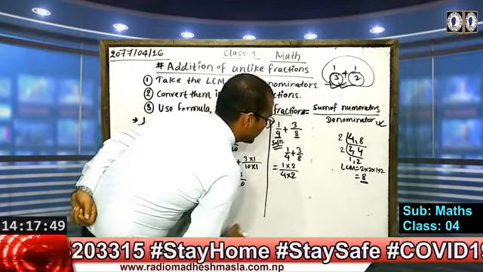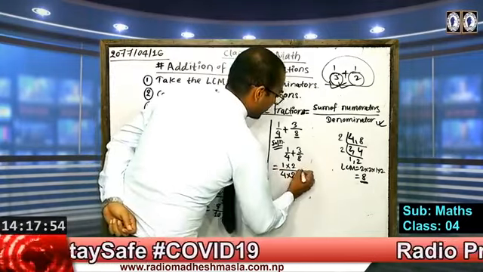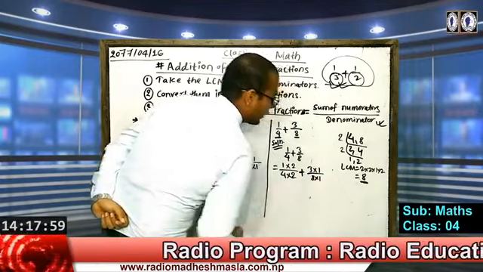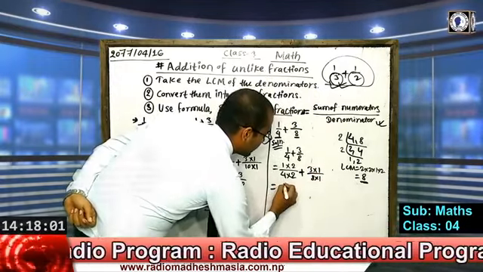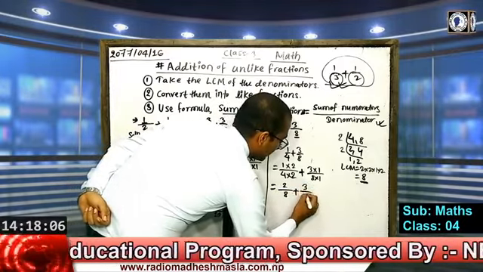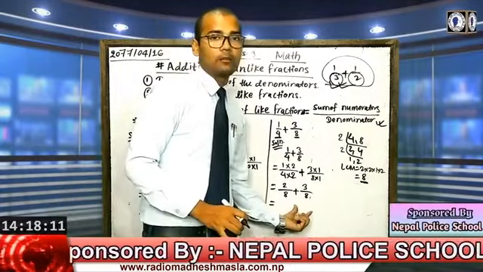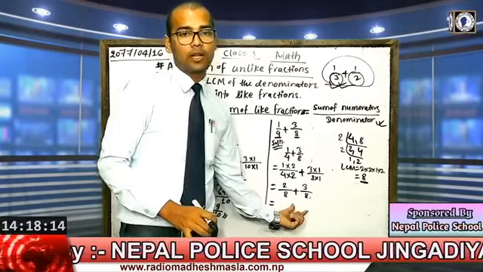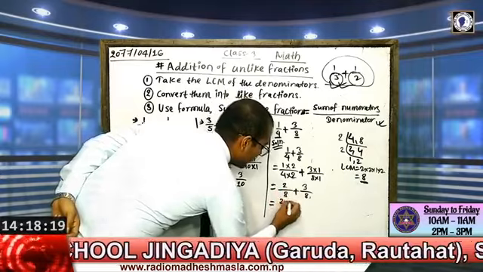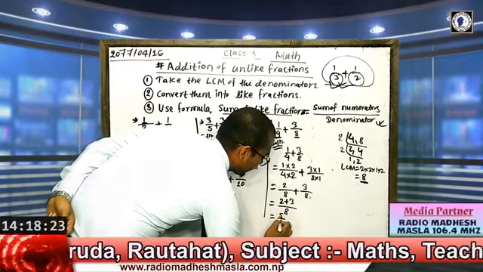That means the fraction 1 by 4 should be multiplied by 2, and 3 by 8 should be multiplied by 1 to keep the denominator 8. Then 2 into 1 is 2 by 4 2s are 8, plus 3 into 1 is 3 by 8 1s are 8. Then our fractions become like fractions. Then we can apply the formula, sum of numerators. So 2 plus 3 by 8. Then after we will get 5 by 8.